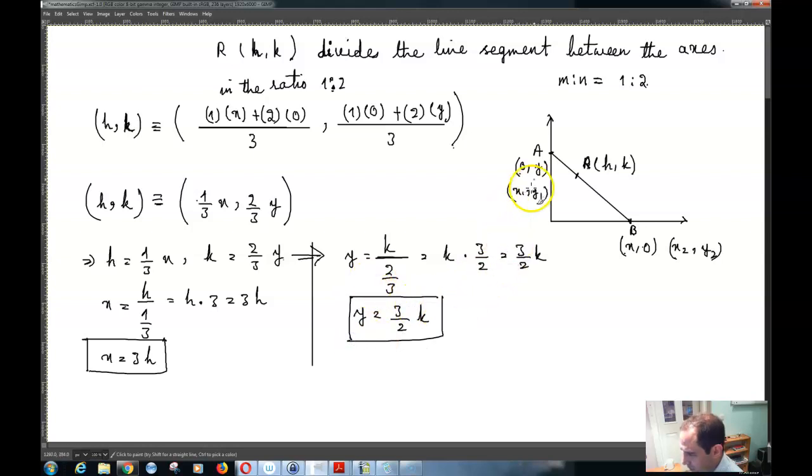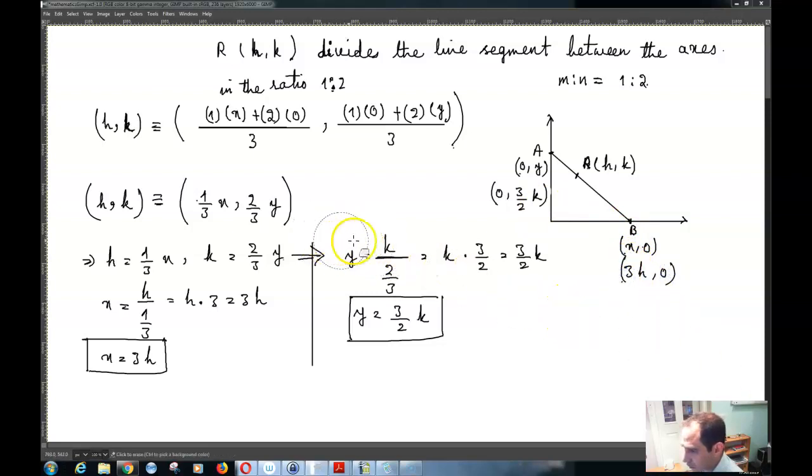Now, based on this, the coordinates of these 2 points will become 0 comma 3/2 k, and the coordinates of this point becomes x, which is equal to 3h, comma 0.